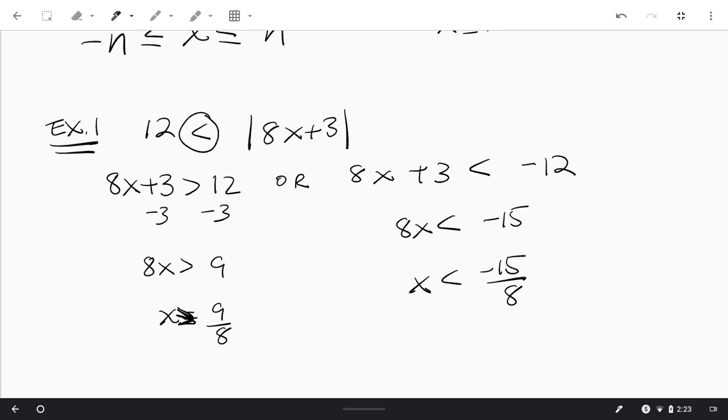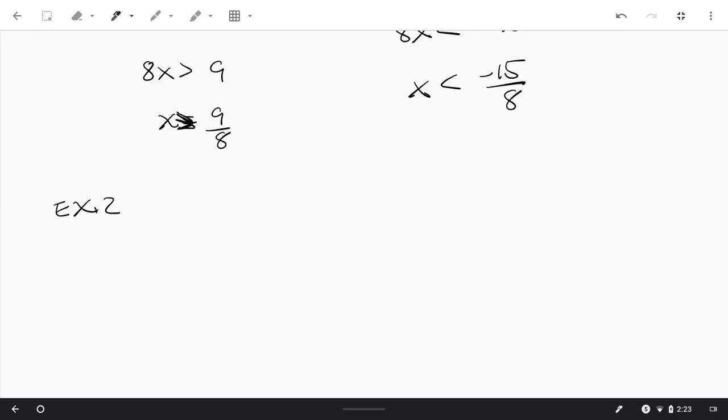And so that's case 2. Let's go ahead and take a look at another example. Let's take a look at this one. 5x minus 2, absolute value less than 6.